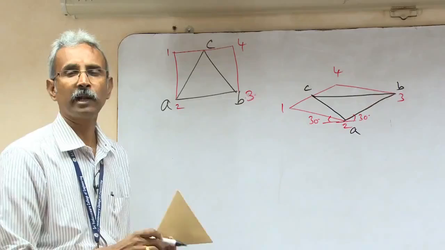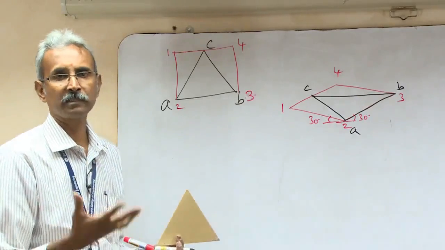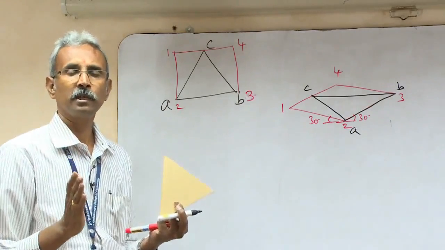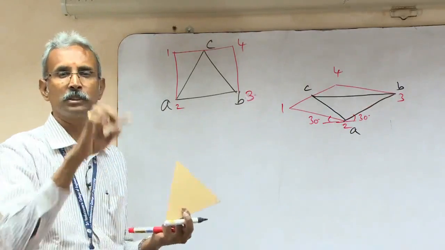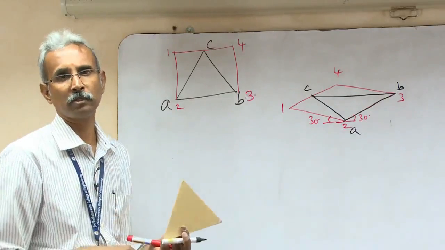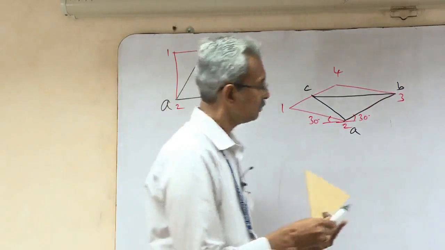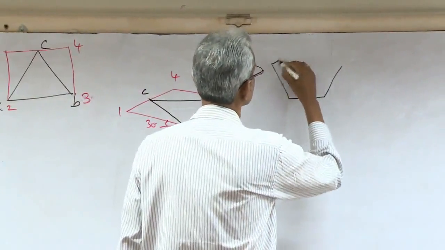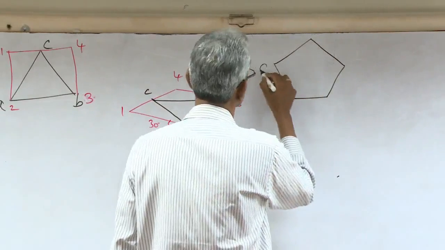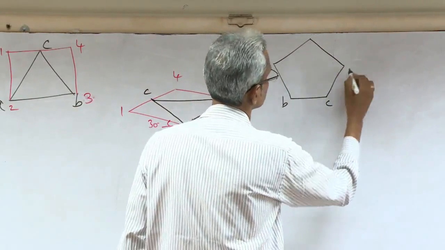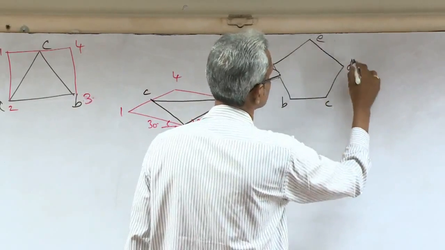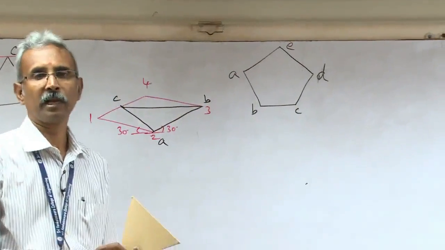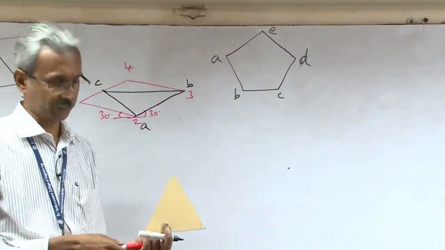The same method you have to adapt for other planes, like if it's a pentagon or hexagon where you have inclined lines, meaning they are all non-isometric lines. So you have to enclose it within a box and then draw the isometric view of it. So let's take a pentagon and see how to draw the isometric view of the pentagon.